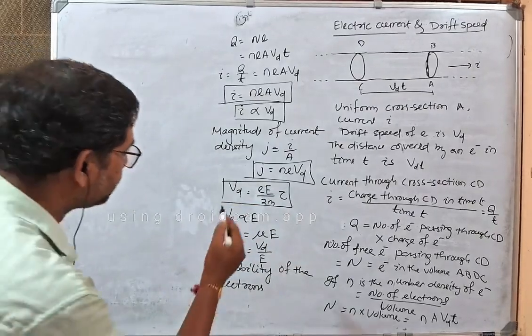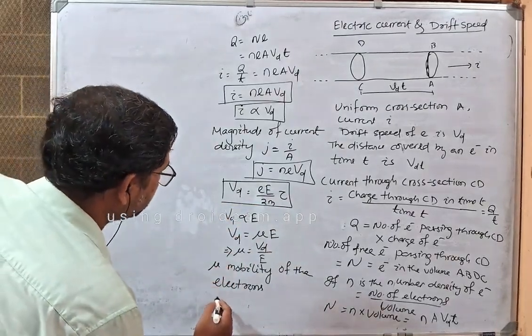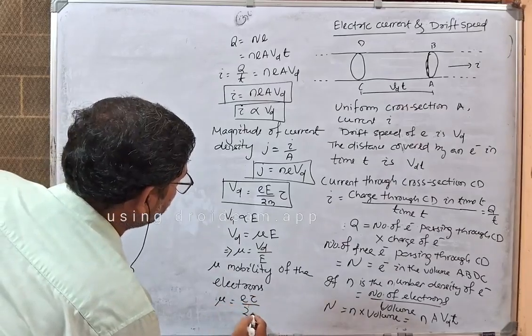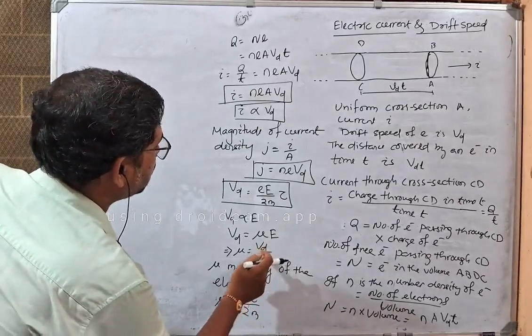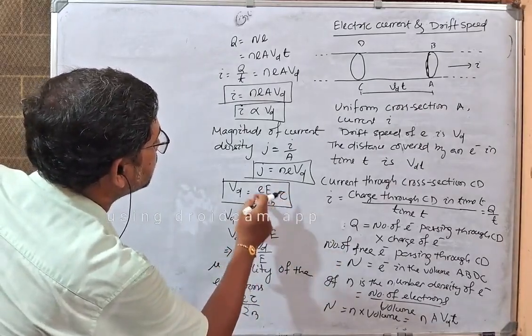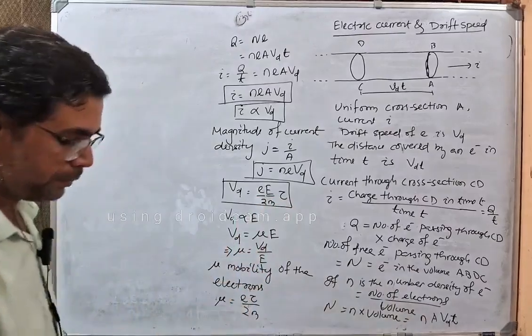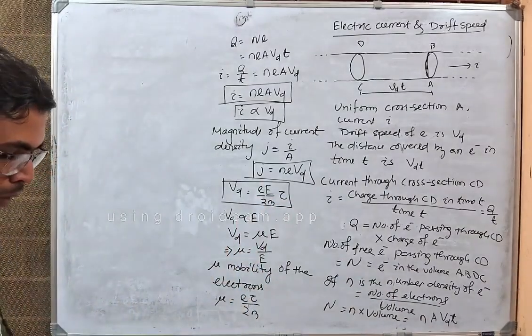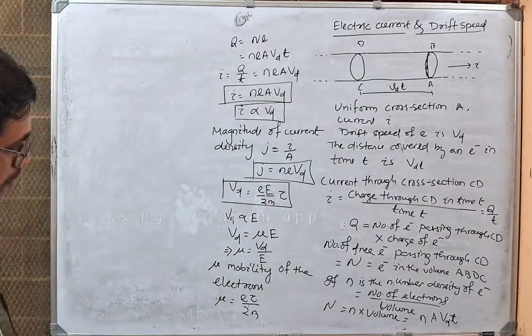So vd is equal to mu into E, and the rest is mu equals eτ by 2m.